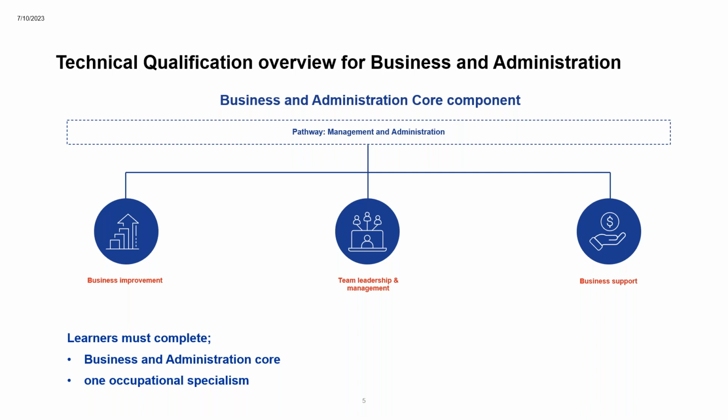Very much so, in fact, with a handful of centres choosing business improvement as their option. Some centres have chosen business improvement as a secondary OS as well. So all 3 have been selected by several centres, but the clear favourites are team leadership and management and business support. And of course, in order to be successful, learners must complete both the core and the occupational specialism, as well as the industry placement, in order to be successful in the T level.